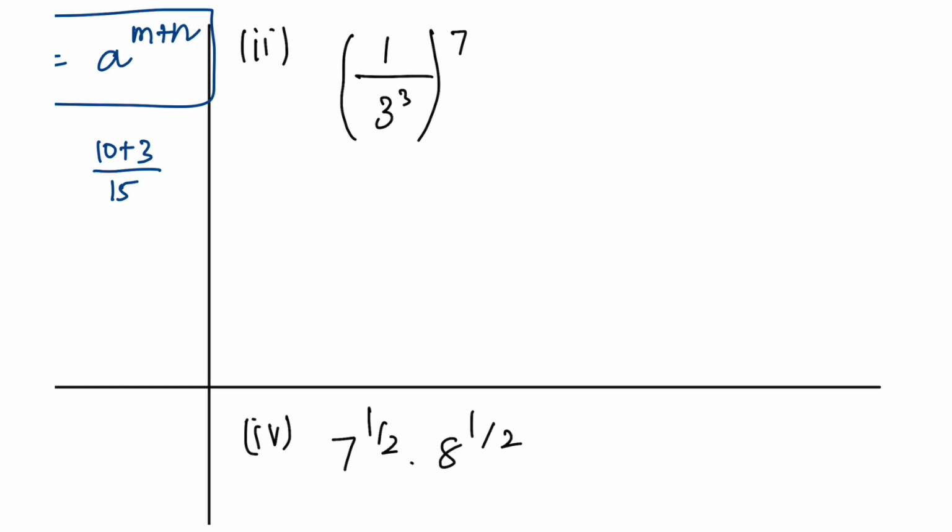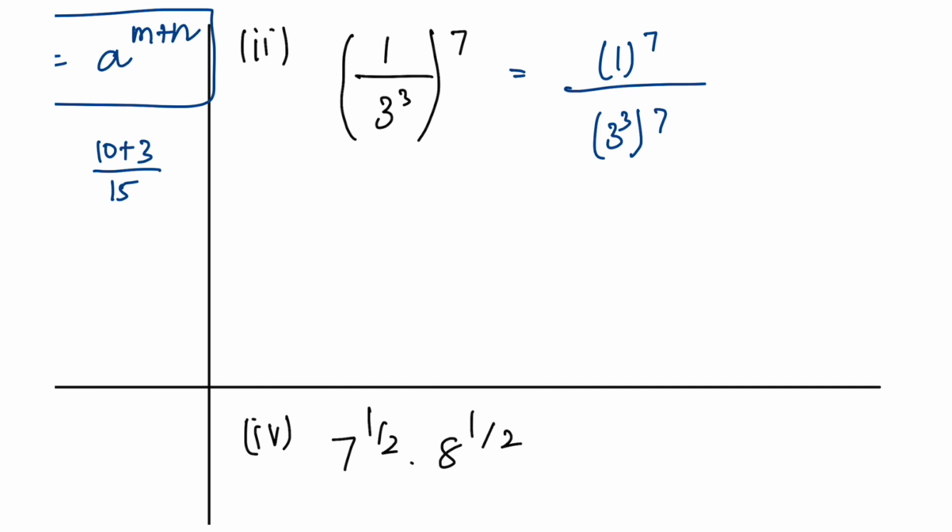Okay, now moving on to the second subdivision here, which is 1 by 3 power 3 the whole power 1 by 7. Okay, so we know that, let me just write this individually once. So it can also be represented as 1 by 1 power 7 divided by 3 cube the whole power 7, right?